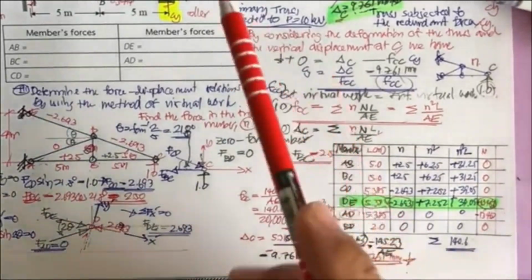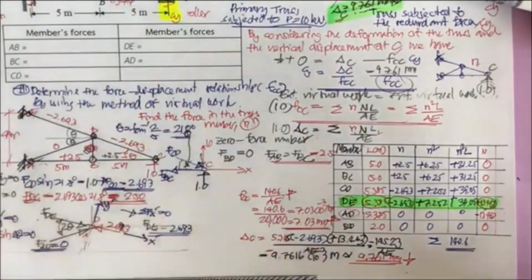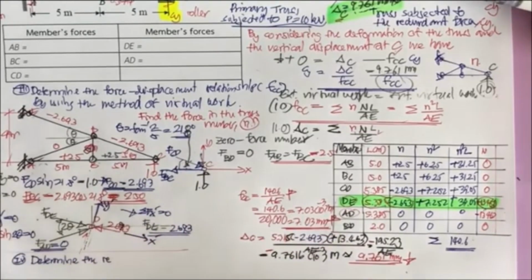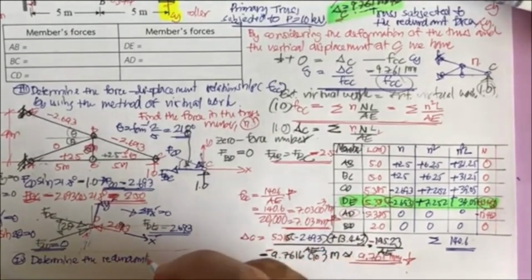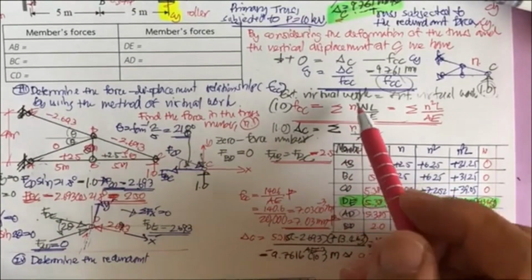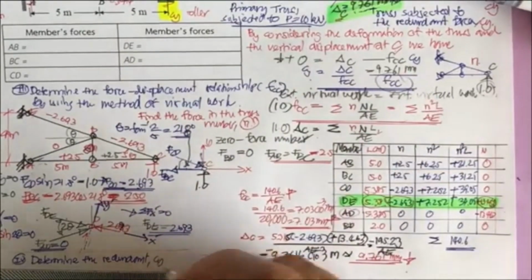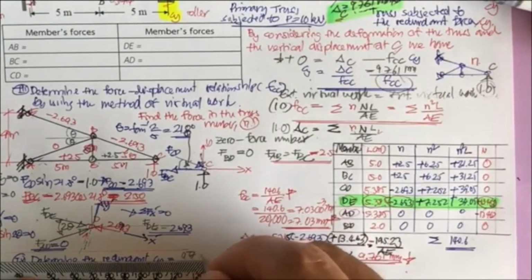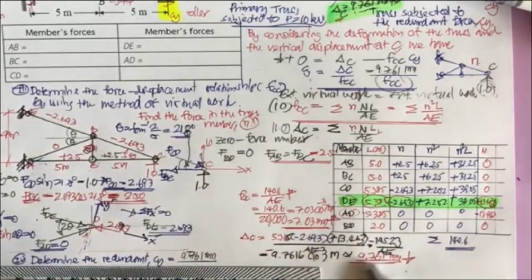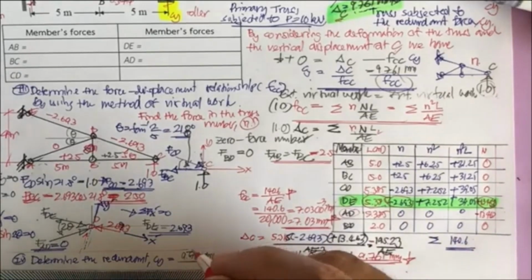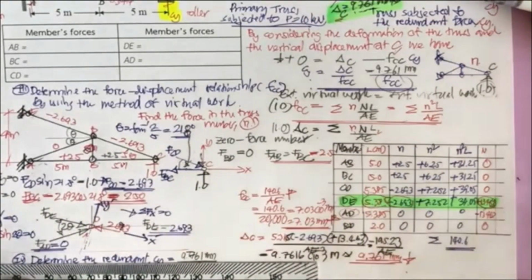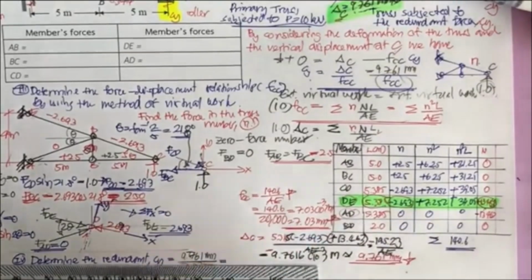We are going to determine the redundant, C sub Y. Delta sub C sub Y is going to equal 9.761 millimeter divided by 7.03 millimeter per kilonewton, and then you get 1.39 kilonewton.